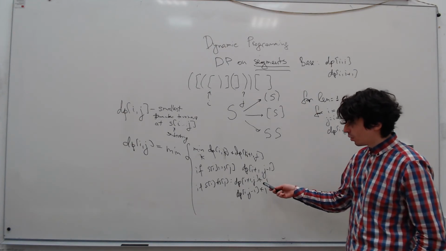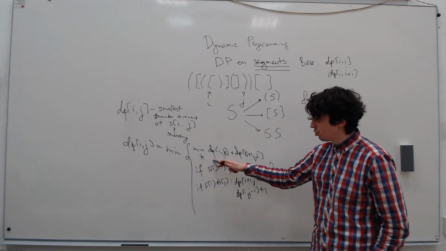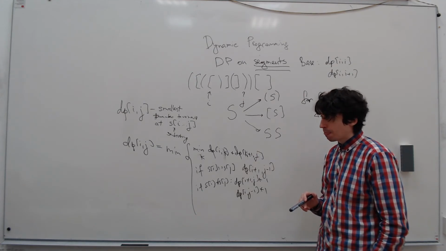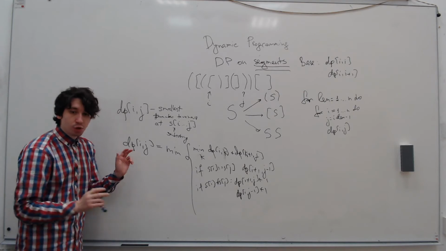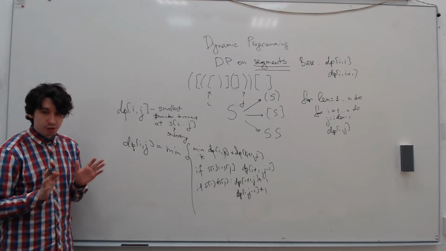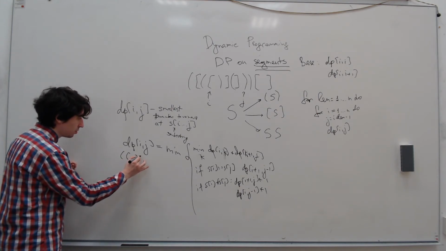So in this case, suppose that we know the answer for dpij.